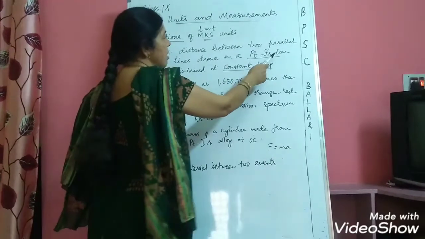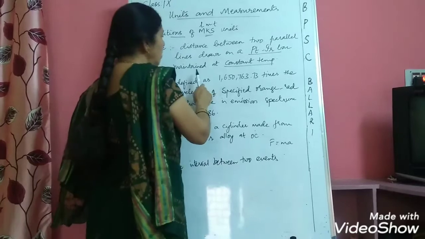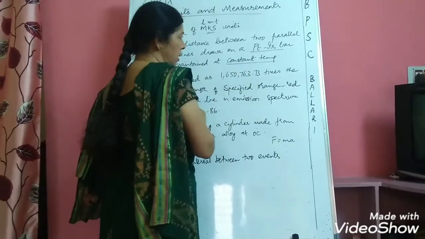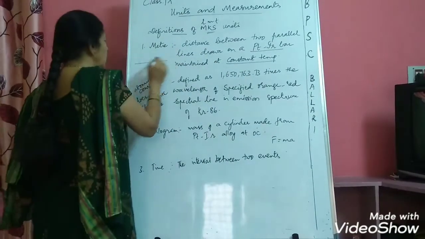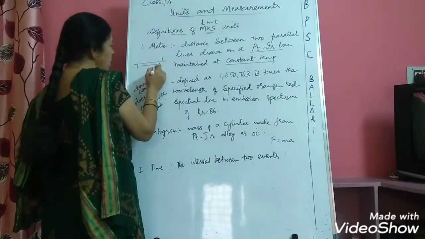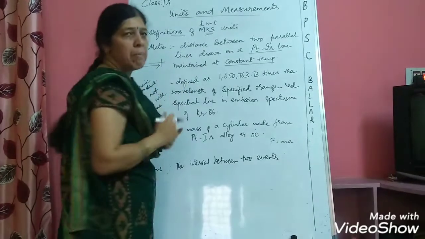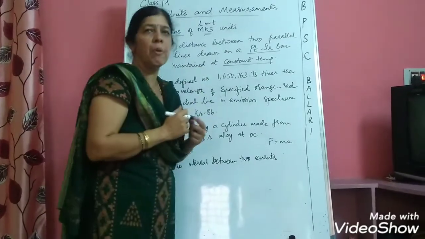That bar is made of an alloy of platinum and iridium. On that bar, two parallel lines are drawn, and the distance between these two parallel lines should be considered as a meter. That is the definition of meter.